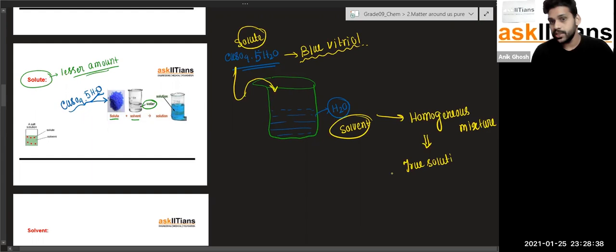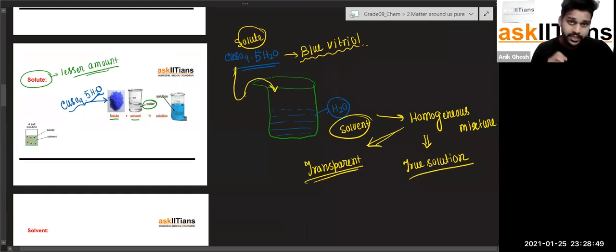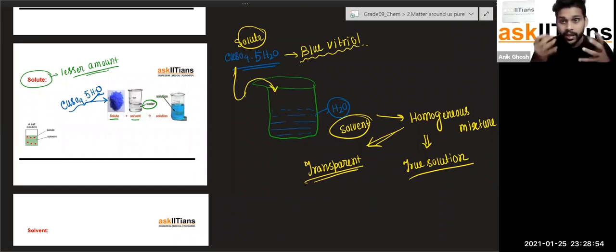So it should be transparent as well. You can say that the solution should be transparent, and you would not be able to see any of the constituent particles. That is the criteria of a homogeneous mixture. All the things are very perfectly mixed with each other.